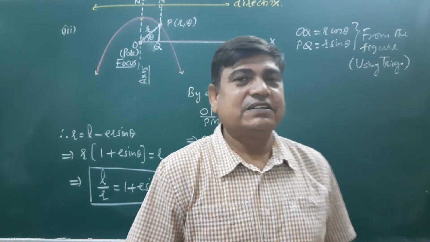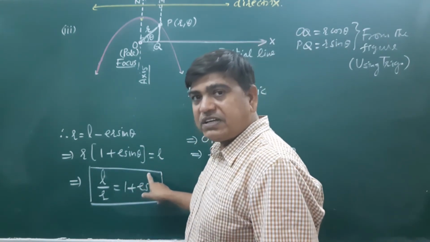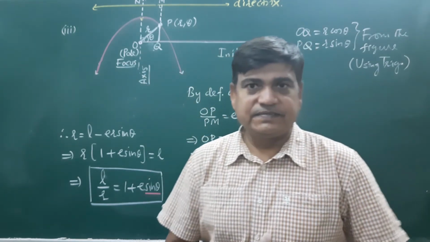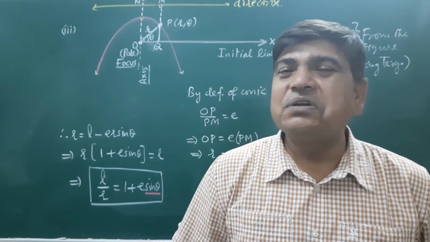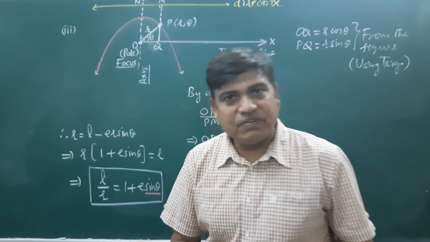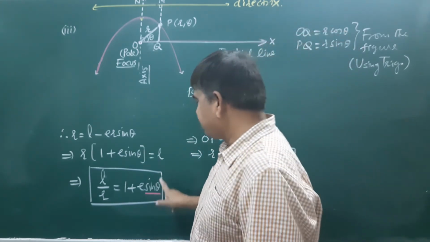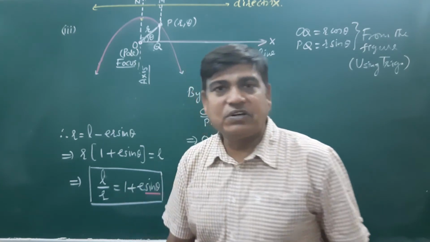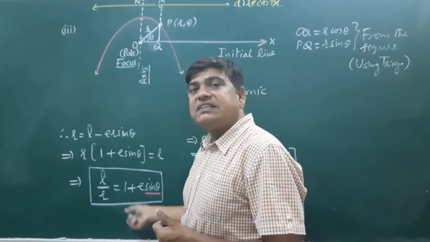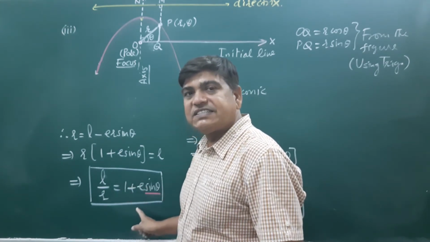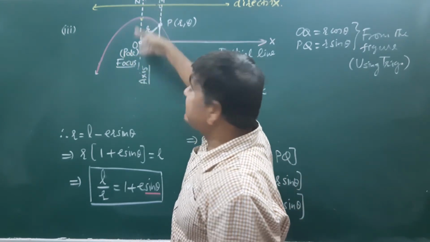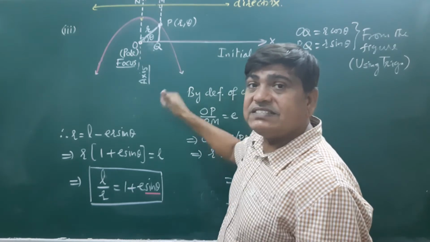This is also the equation of conic, but it is in terms of sine. So always remember, it is not necessary that only if we have a cos term, then it is the equation of conic. No. Instead of cos, if we have sine term, then this also represents the equation of the conic. What does it mean? This is the equation of the conic whose focus, nabi, is at the pole, but its axis is perpendicular to the initial line.